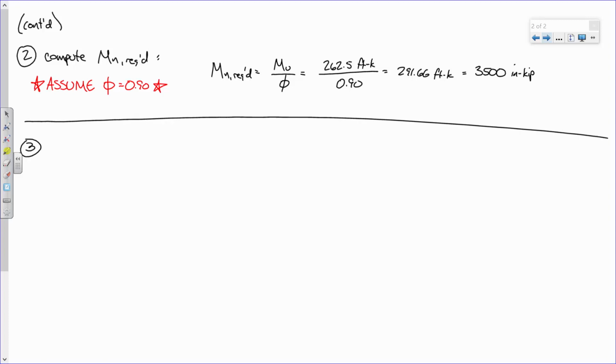All right. Here's the thing. So step 3, what is step 3? We compute what? All right, so we compute rho. Compute rho required, but we're assuming a rectangular T-beam.